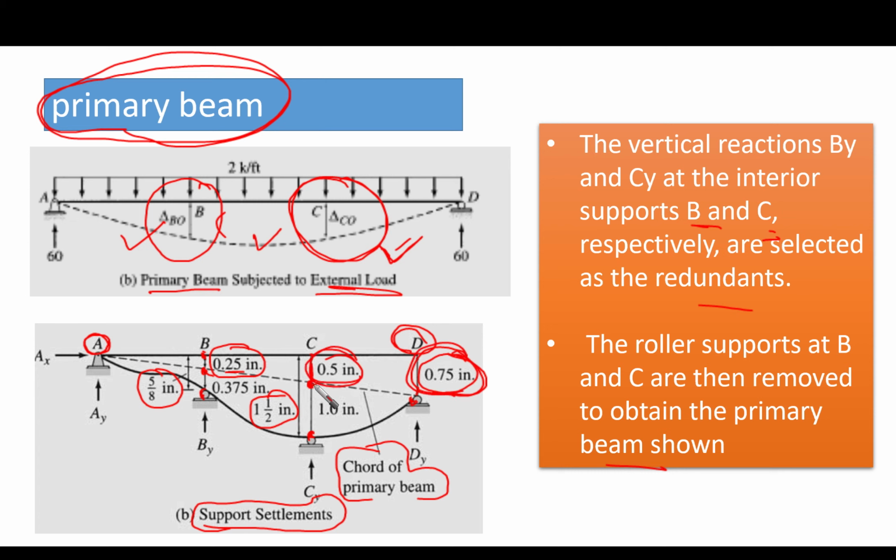Then we obtain the relative displacement, which here is 5/8 inch minus 0.25, giving us 0.375. Similarly here is 0.5, so we subtract it from 1.5 inch, and we have 1 inch here, which is the relative displacement or settlement.